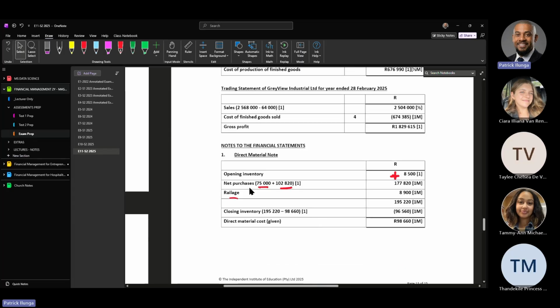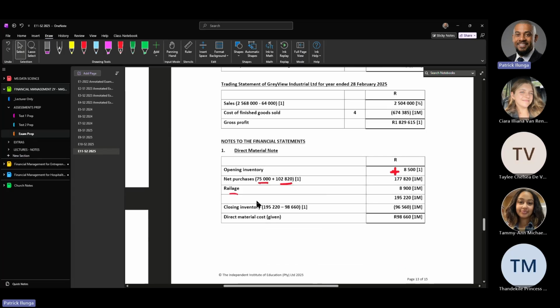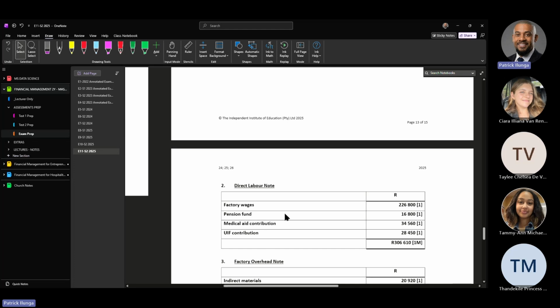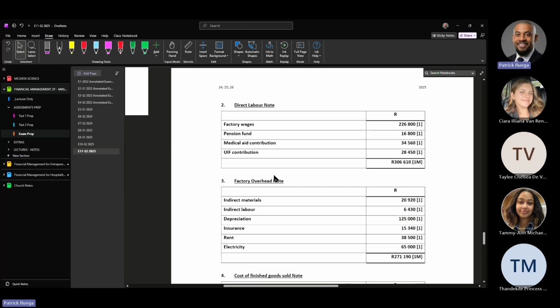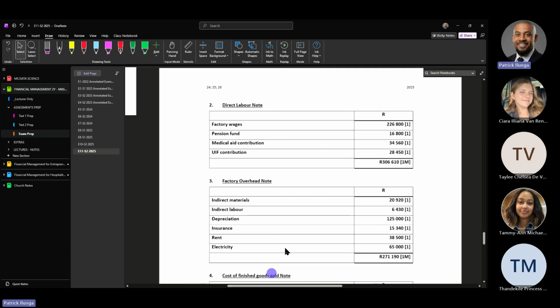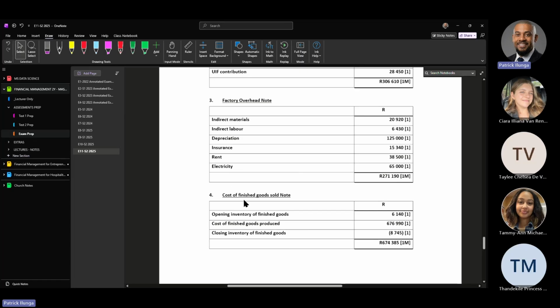You can see opening, purchase, railage, right? Direct labor, what we found there, you just add them together. Factory note. Can you imagine that these are the notes that you need to produce? The last note will be the cost of finished goods sold.